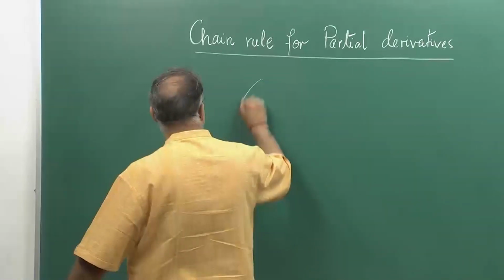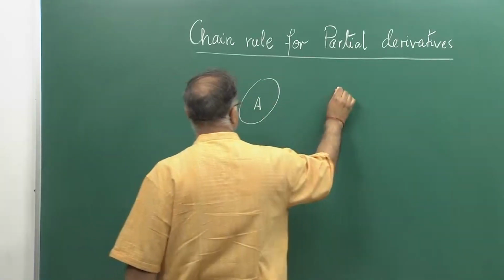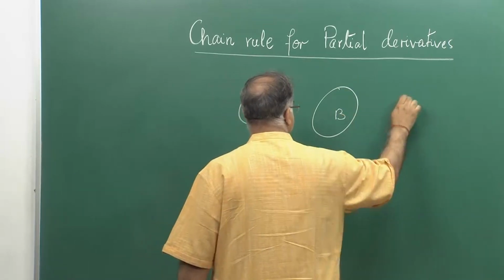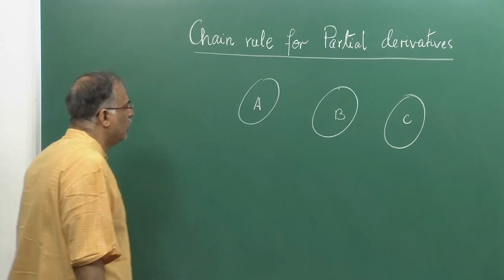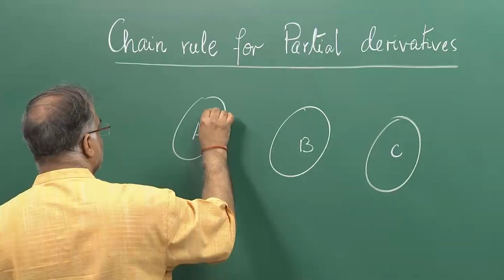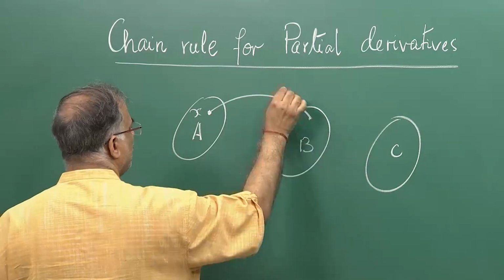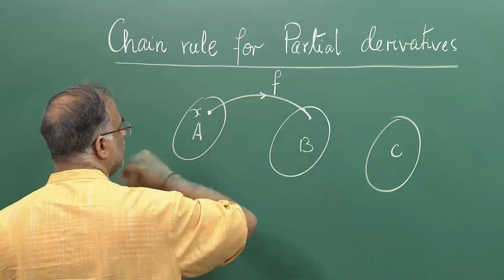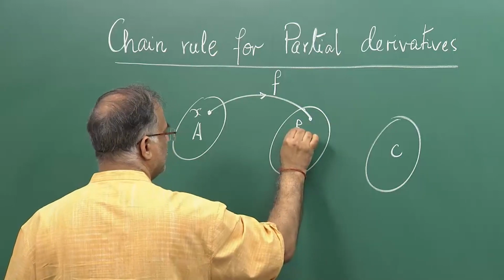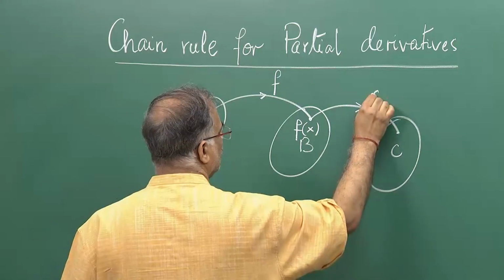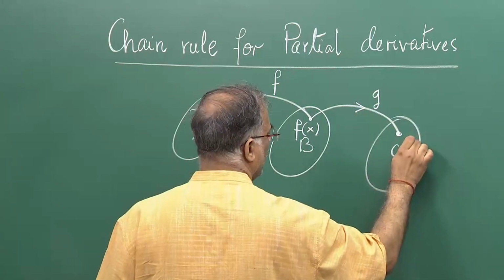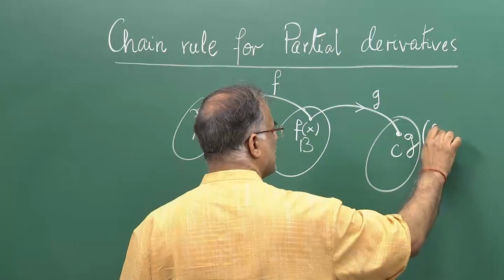In a very abstract setting, for example, if you have three sets, I assume that you have some idea what sets are, because we have used sets freely in one variable. So here I have an x and I have a function f mapping me to some point f of x, and then there is a function g which takes me to a point, and this point is g of f of x.